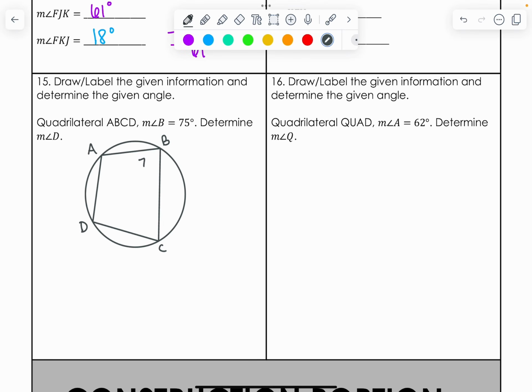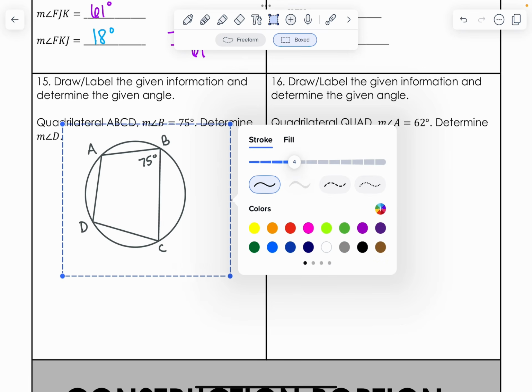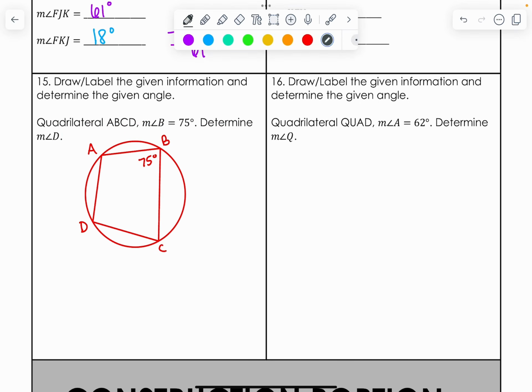So it says that angle B is 75 degrees, and now we need to figure out the measure of angle D. It's important that these are cyclic quadrilaterals, basically quadrilaterals in a circle, because that means the opposite angles are supplementary.